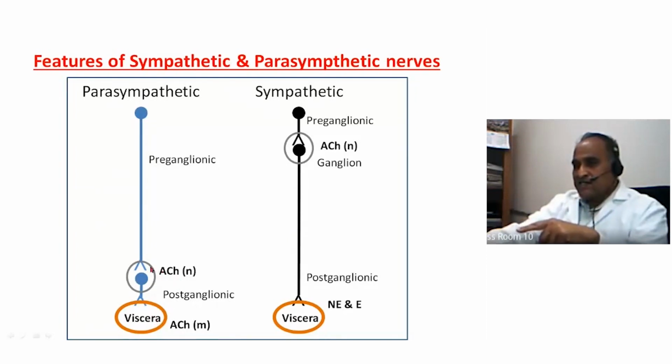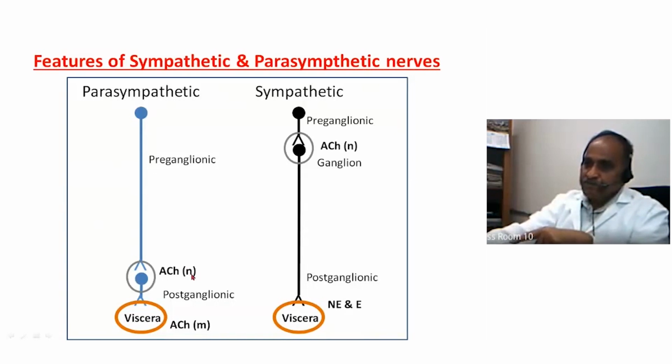The acetylcholine secreted from the preganglionic nerve is the same molecule. However, the receptors here are different. These are mostly the nicotinic acetylcholine receptors. That is why I have mentioned here acetylcholine N for nicotine.